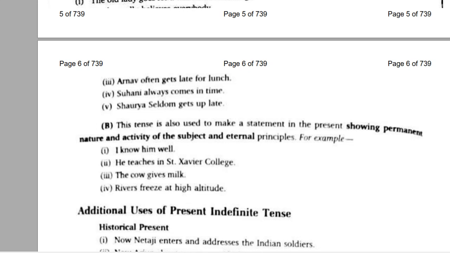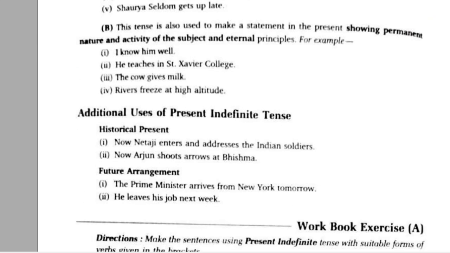Like someone is very intelligent, someone is very hardworking. So this is the permanent nature of a person. I know him well. He teaches in Xavier's. The cow gives milk. River freezes in the high altitude. Now additional uses of the present indefinite tense.